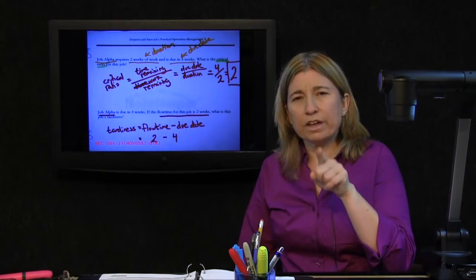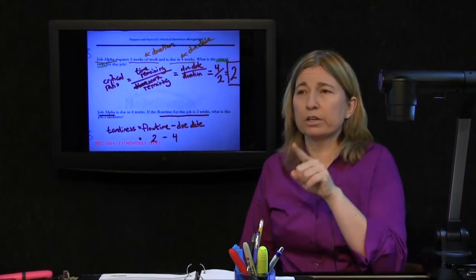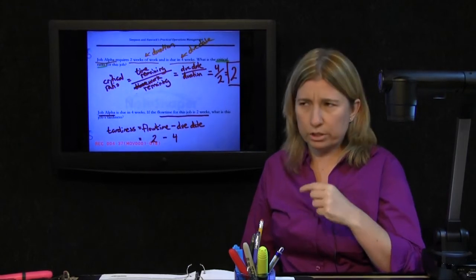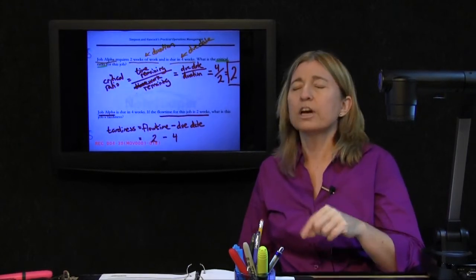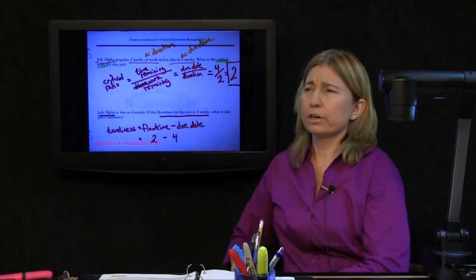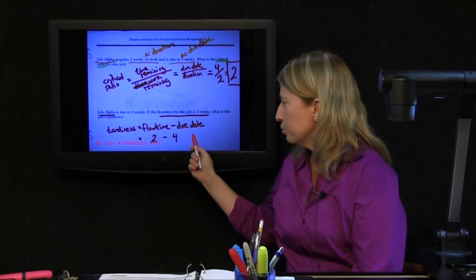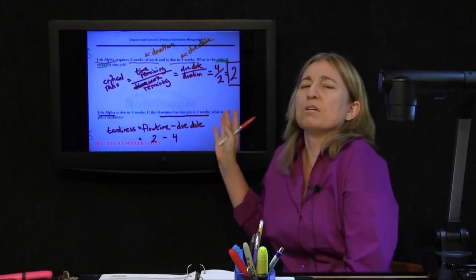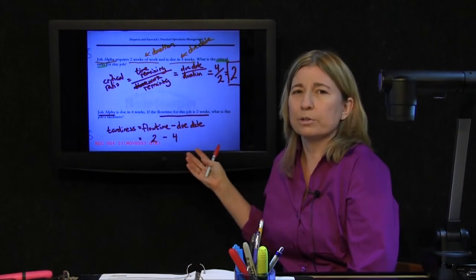If flow time minus due date results in a negative number, that indicates you're not tardy, you're early, and tardiness is automatically 0. So tardiness is flow time minus due date if the result is positive, but 0 otherwise, because that means you're not going to be tardy.